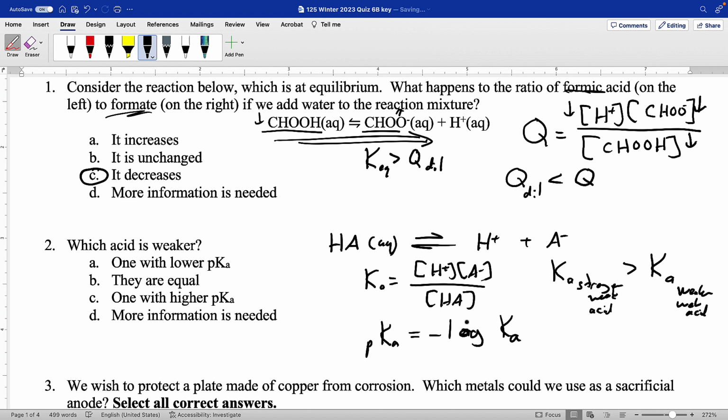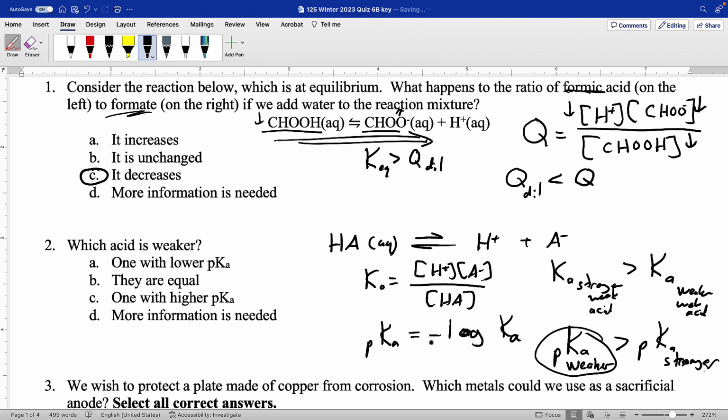So what that means is if we put a weaker, smaller K into this equation, that's going to make the pKa a bigger positive number. So pKa for the weaker is going to be a bigger number than pKa for the stronger. Now we're still just talking about weak acids, but we're saying comparatively stronger and weaker. The pKa is a bigger number for the weaker of the 2.